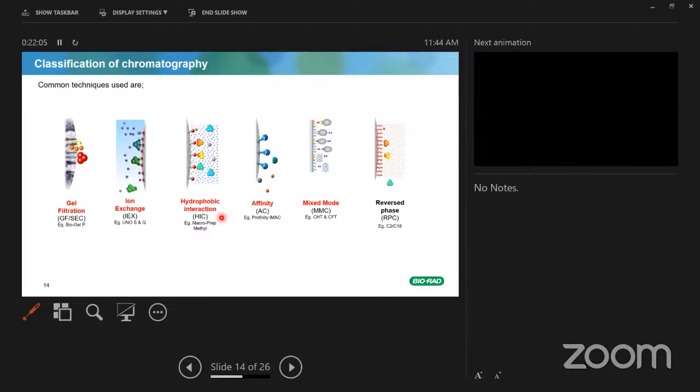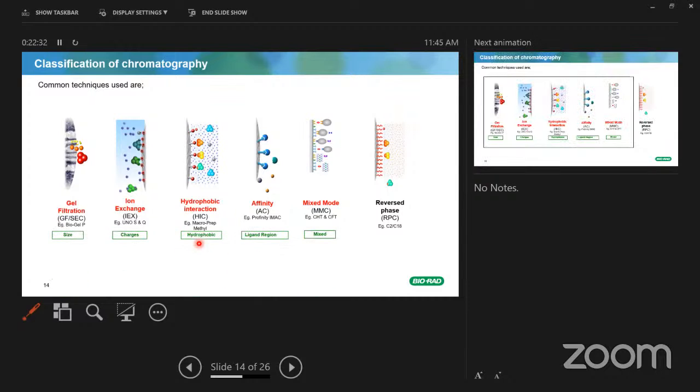The most commonly used affinity chromatography techniques for biomolecule purification are, for example, your nickel NTA, we call it nickel or histidine tag purification, for your tag-based purification, and something called reverse phase. Reverse phase is the most commonly used technique in HPLC. This is most commonly used in preparative mode for biomolecules.